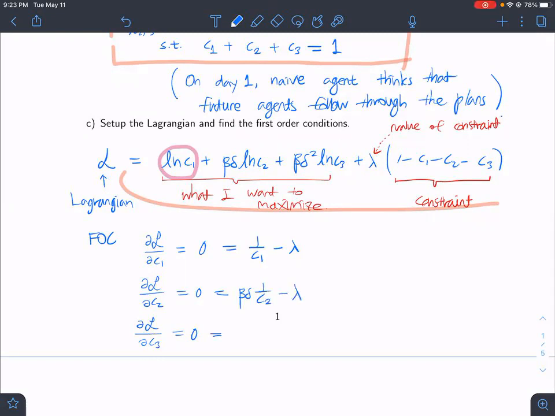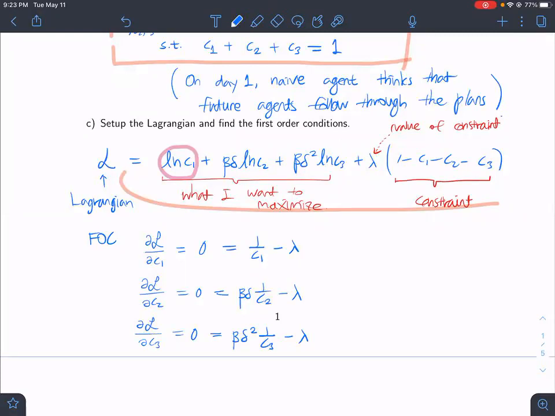Then if I differentiate with respect to C3, I will have beta delta squared 1 over C3 minus lambda.